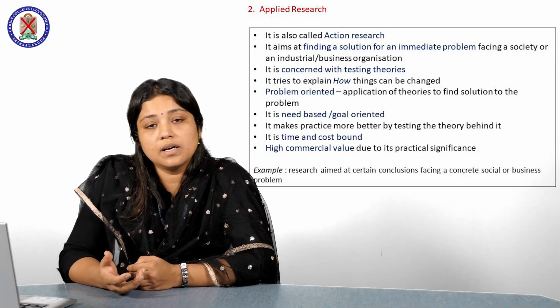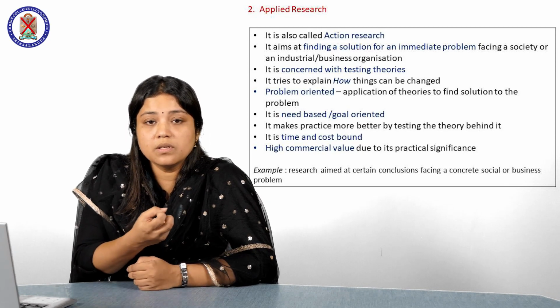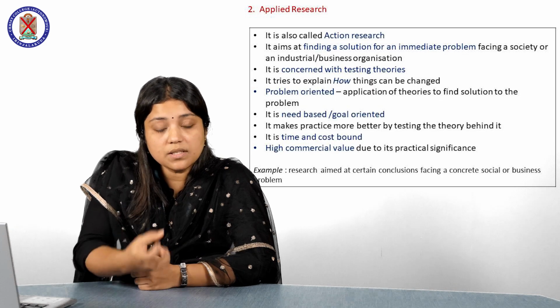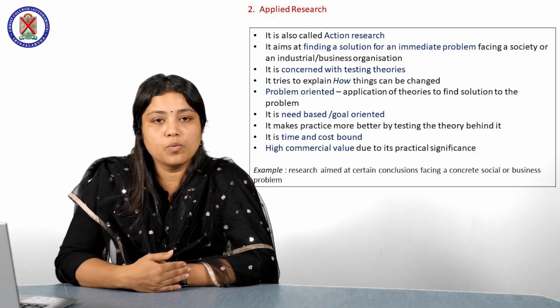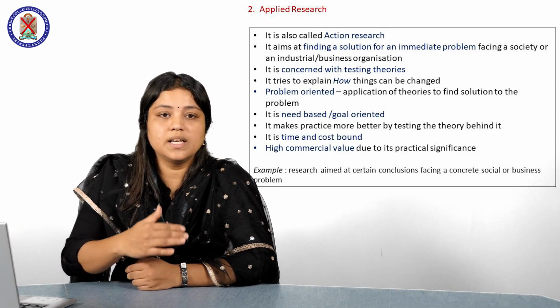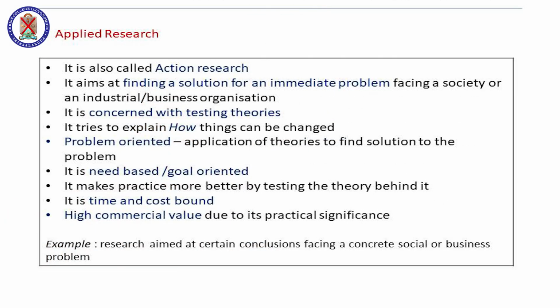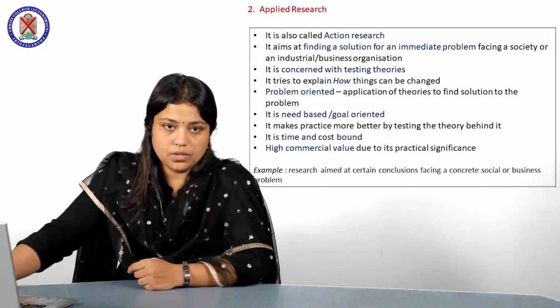Why does it have a high commercial value? Because we are trying to find immediate solutions to the business problem. Because of that reason it has a high commercial value. Examples: research aimed at certain conclusions facing a concrete social or business problem. We call it applied research.